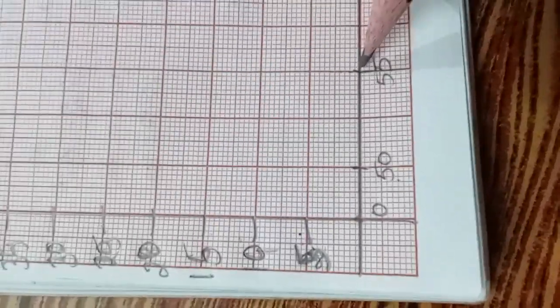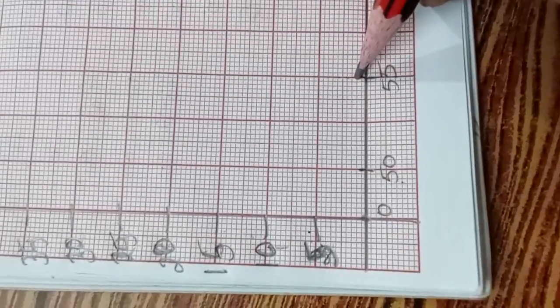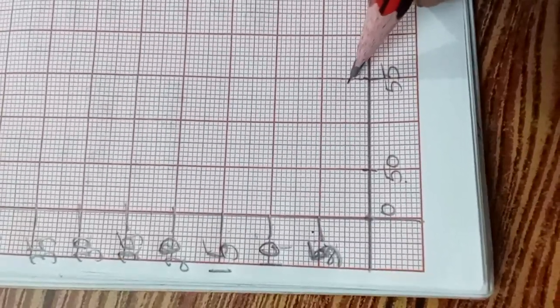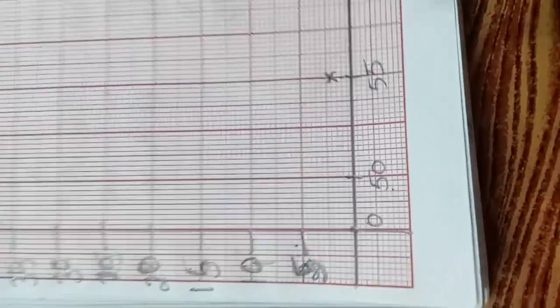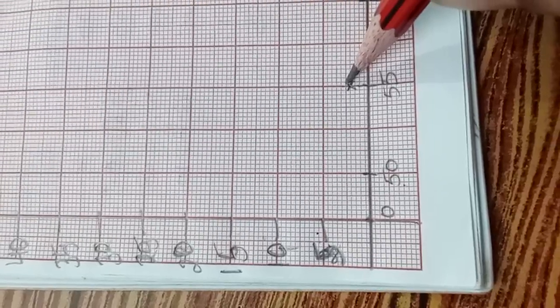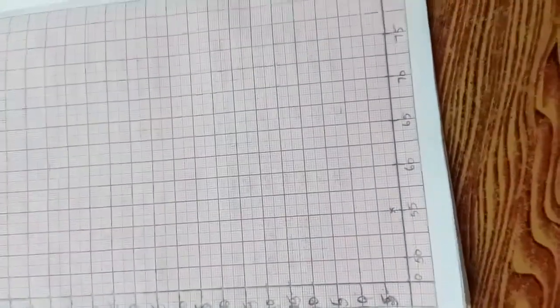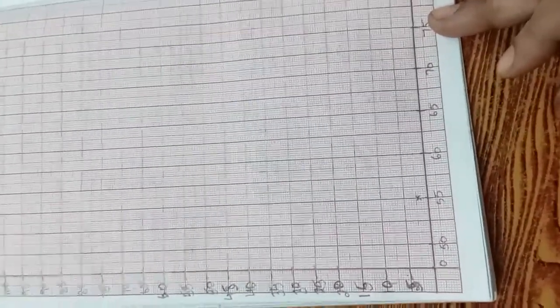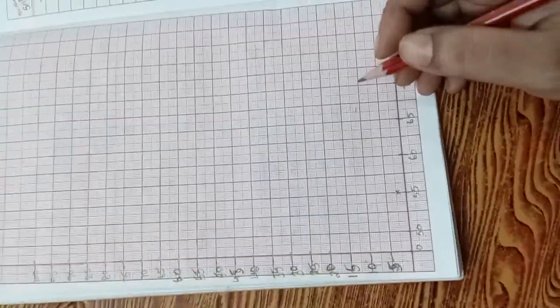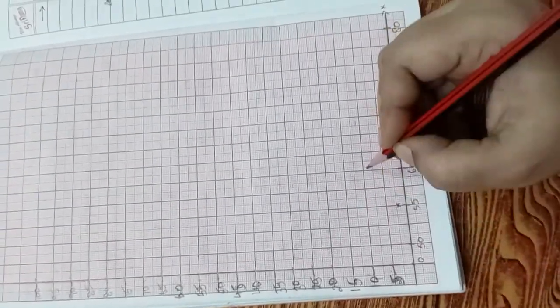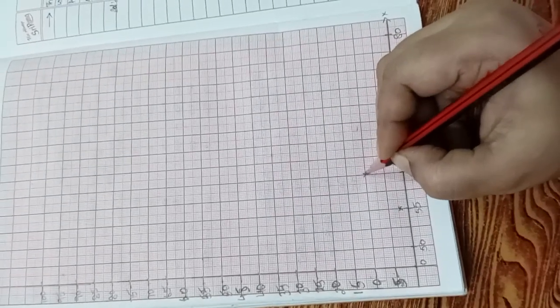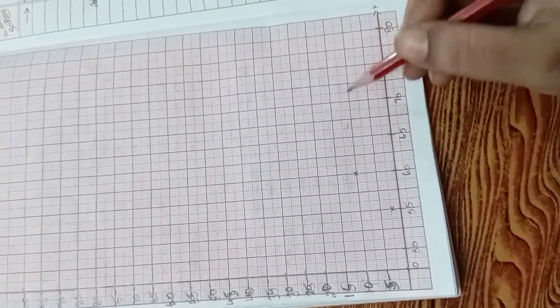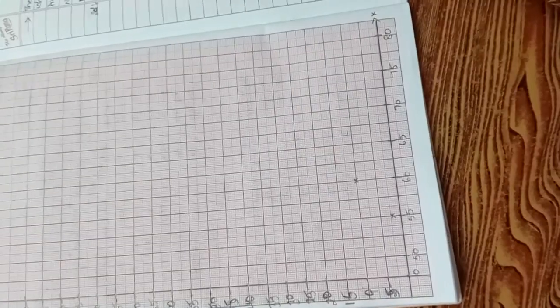55 is 2, just below the middle line. Next, 60 is 10, exactly this point. Next, 65 is 22.